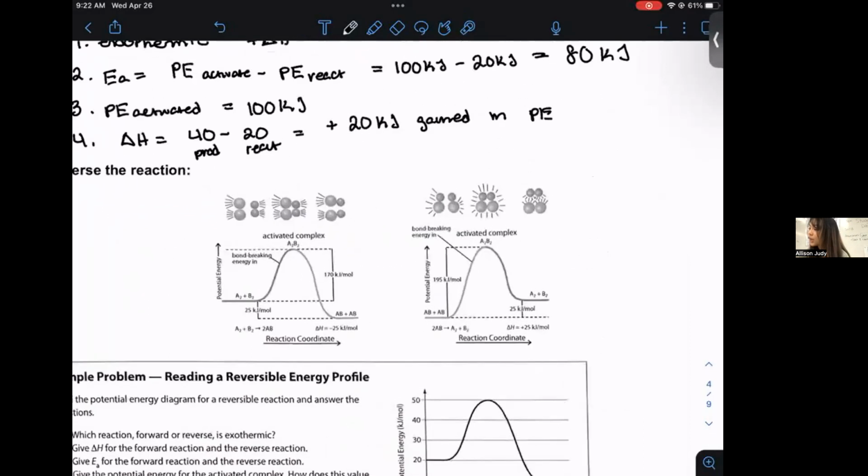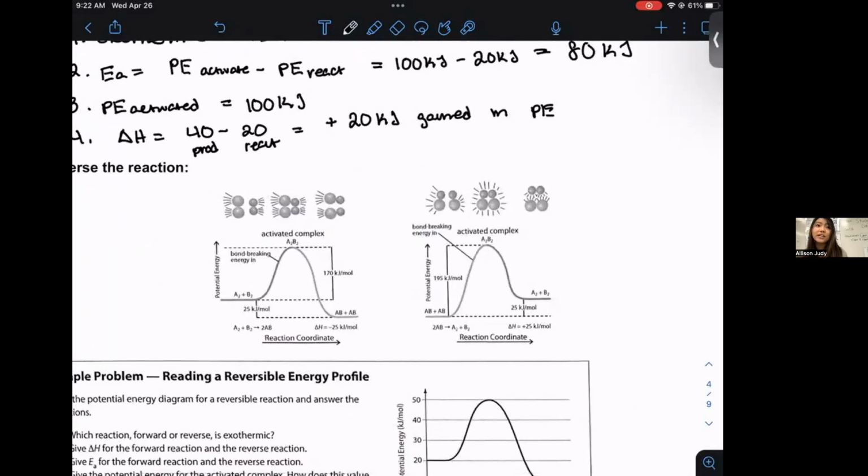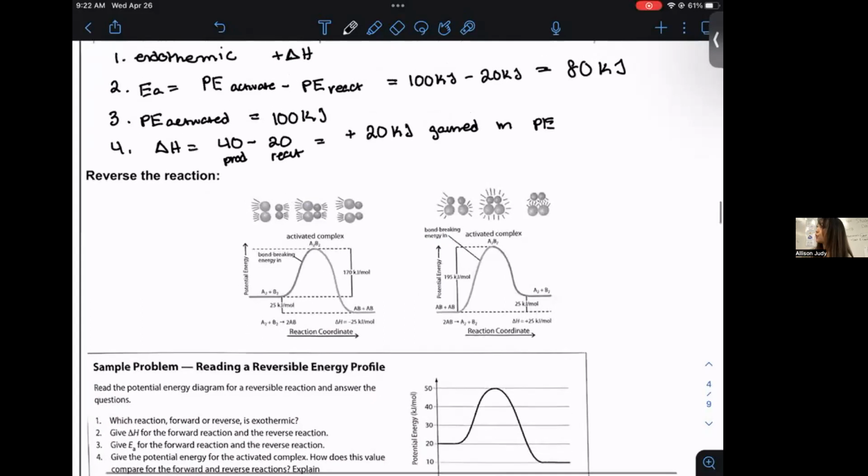Now, this is a sneak peek into unit 8 or 9, which we might not even get to. But if you were to reverse a reaction, which by the way, some reactions are reversible, notice what changes. The enthalpy changes because you have a new start and new end, but what doesn't change? If you reverse the reaction, the height of the peak doesn't change.